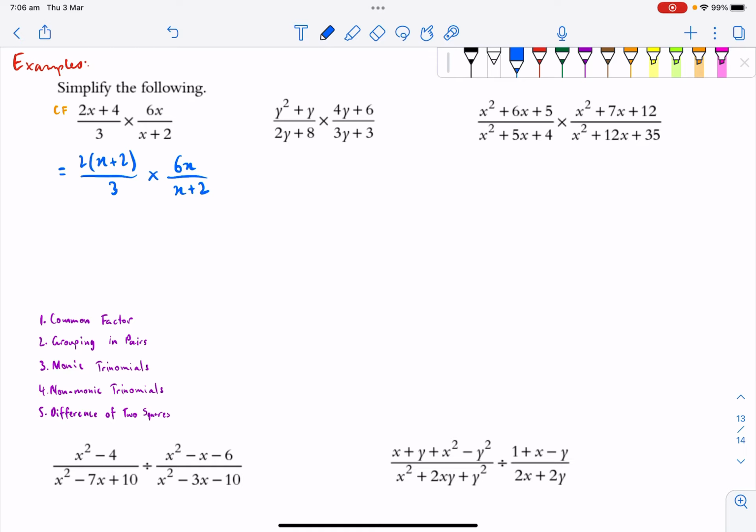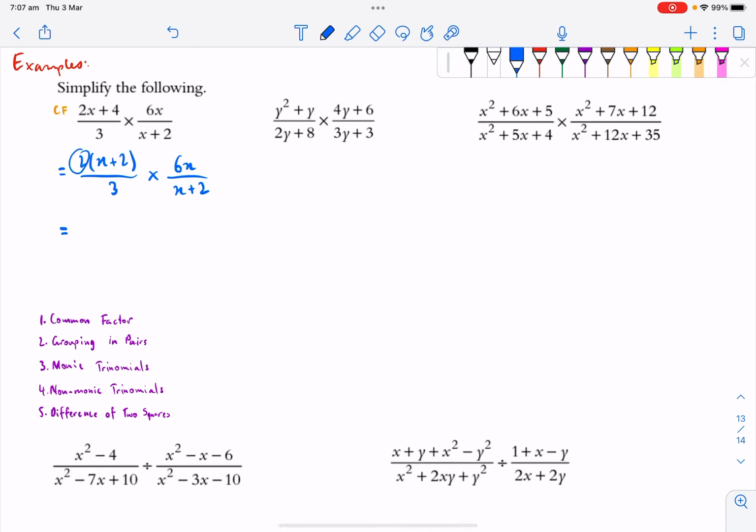Now, one thing that's really nice about multiplying fractions is we can actually cancel things out from different fractions only when it's multiplying. So for example, see this x plus 2? This will actually cancel out with this x plus 2. Okay, so sorry, let me start that again. The reason I can cancel out is because if we look at the rules of multiplication of fractions, then all we have to do is multiply things straight across, don't we?